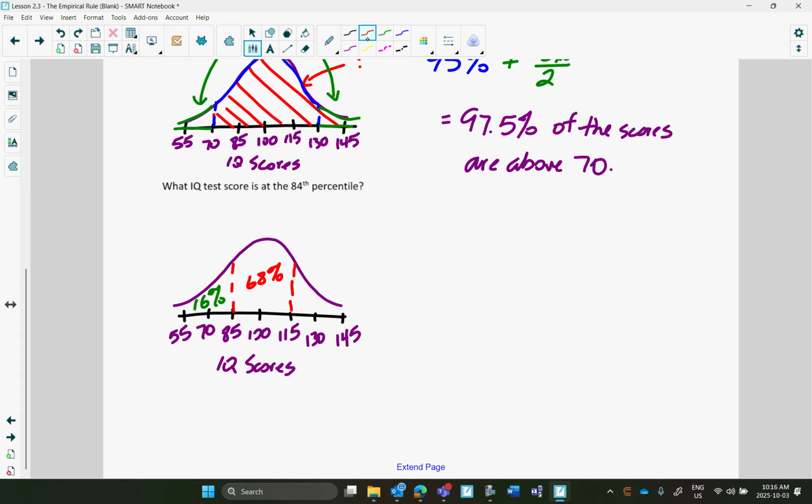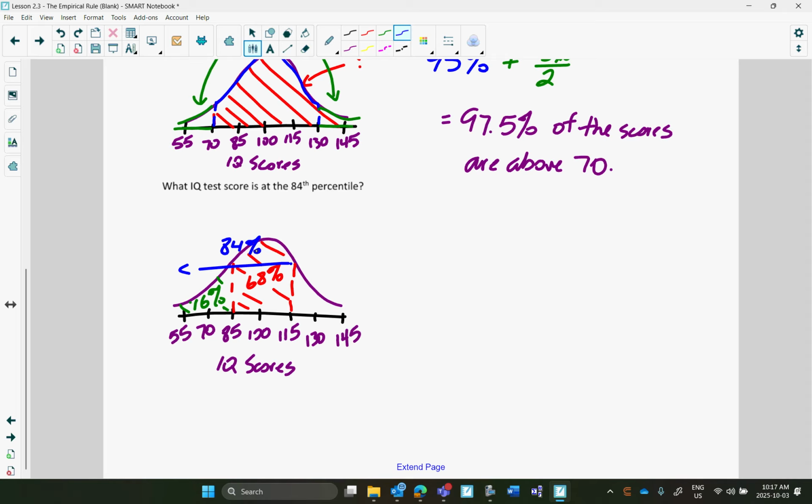So 68% is here, 16% is here, and if I add those two up, I get 84%. So this section here is 84%. I found the percent I'm looking for, and it happens at the score of 115.